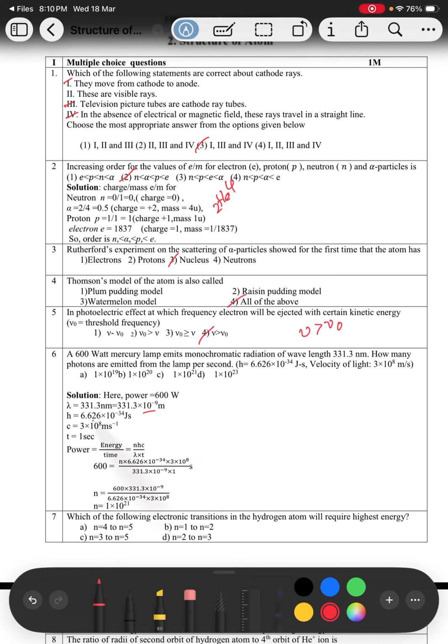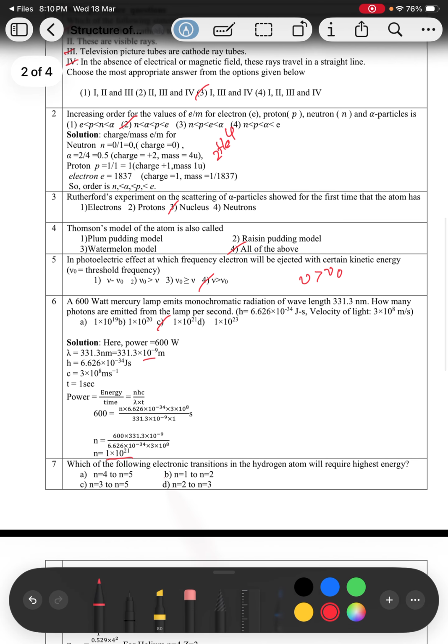Planck's constant is 6.62 into 10 power minus 34 joule second. Velocity of light is 3 into 10 power 8 meters per second. Time is 1 second. Power equals energy by time, that is equal to nhc by lambda t. By substituting these values and solving for n, we will get 1 into 10 power 21. So in the given options, third one is the correct one, 1 into 10 power 21.